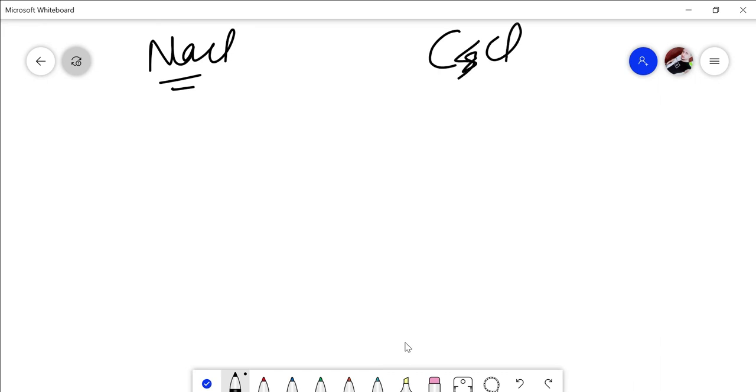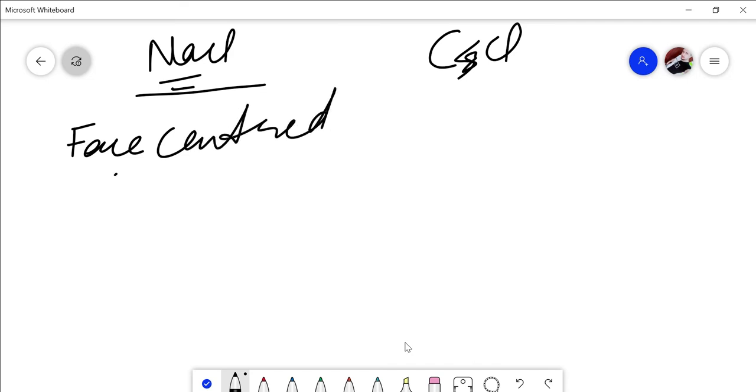Okay. Sodium chloride is the face-centered cubic structure.